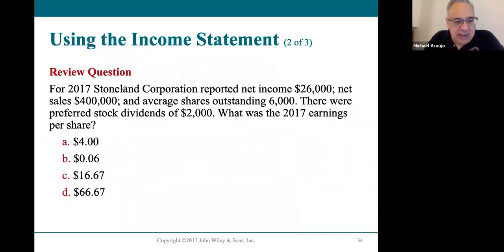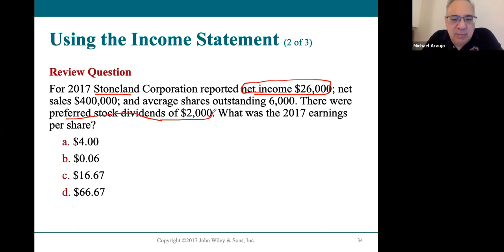So this is just an example of how to calculate earnings per share. Again, it's the net income of the company. So here, this company, Stoneland Corporation. Maybe they sell marijuana. Stoned land, I don't know. They have net income of $26,000. Again, it's a textbook.